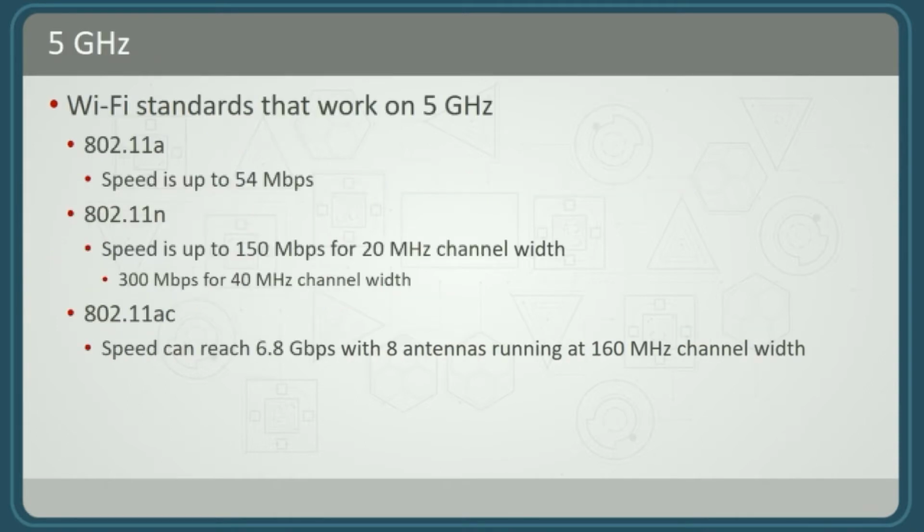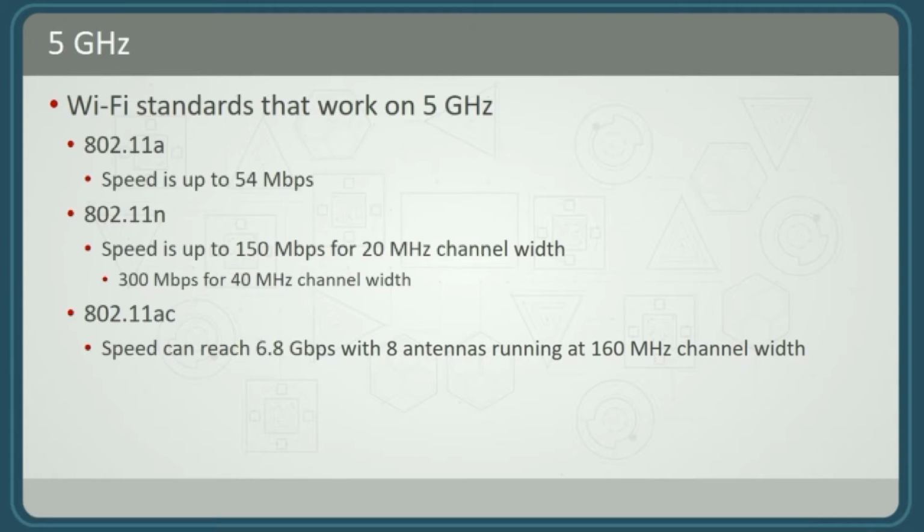So then the 5 gigahertz standard is used in 802.11a, N, and AC. And again, we see varying speeds depending on each specification. A up to 54 megabits per second, N up to 150 on a 20 megahertz channel.